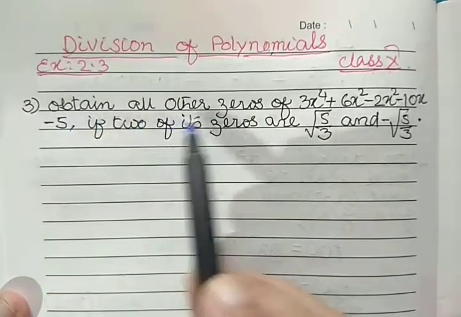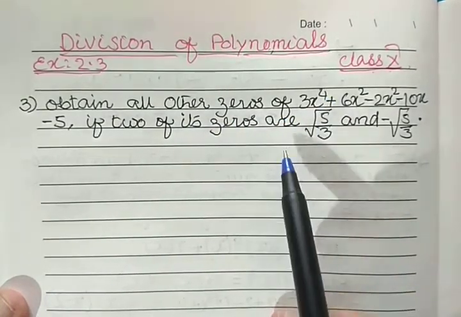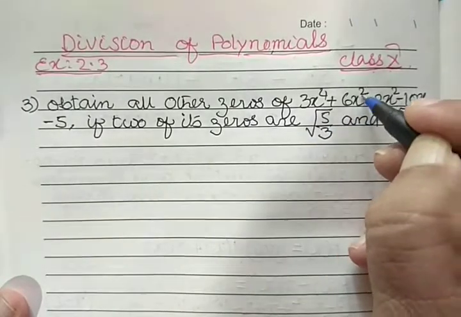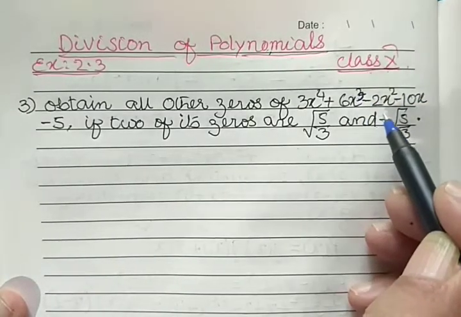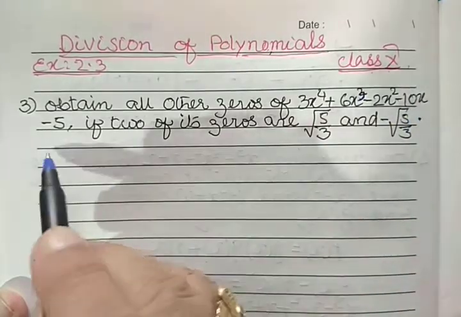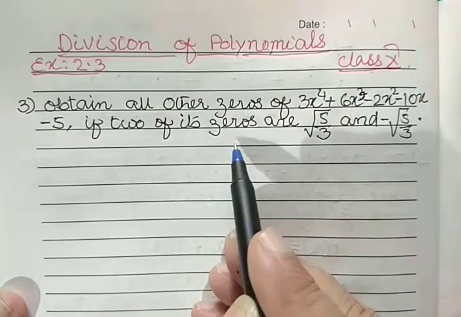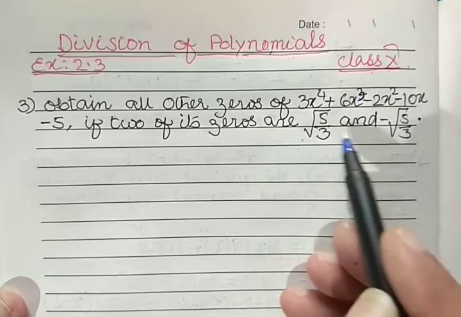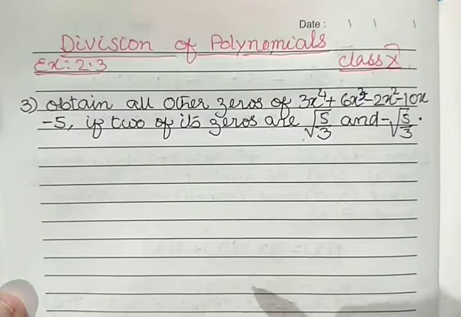Obtain all other zeros of 3x to the power of 4 plus 6x cube minus 2x square minus 10x minus 5 if two of its zeros are root 5 by 3 and minus root 5 by 3.